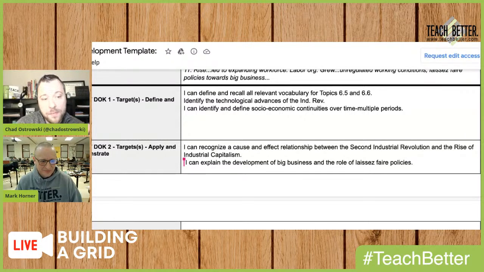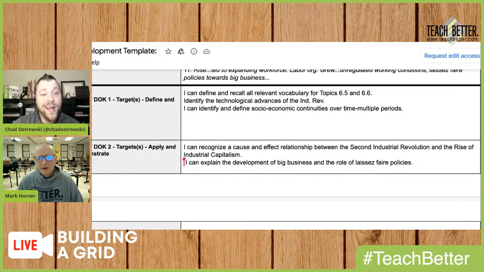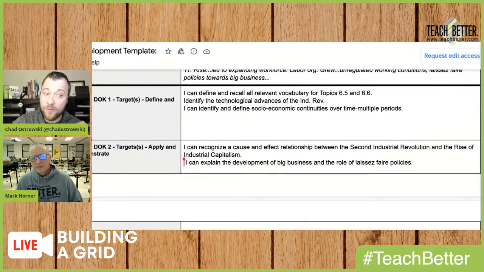Now, here's the other thing, Mark, you mentioned something and you said, you know what? Some of my AP students are already going to know this vocabulary and they should already know some of these socioeconomic periods or these continuities, right? Yeah. So maybe they just really, really know them well. That's why, especially in an AP course, pre-assessing your students before they start the grid could be a really helpful tool.